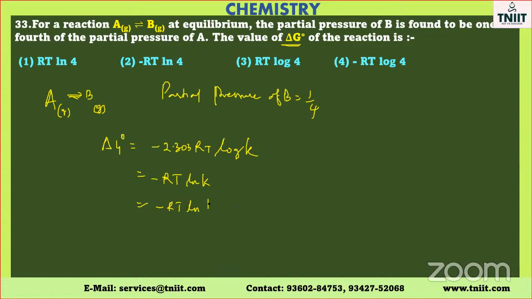In terms of pressure, it is the partial pressure of B divided by the partial pressure of A. That will be equal to minus RT natural log of... They say clearly the partial pressure of B is found to be 1/4 the partial pressure of A. That is PA divided by 4 into PA.